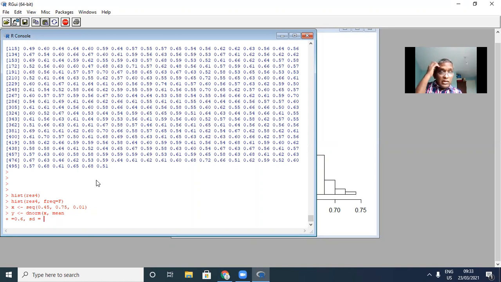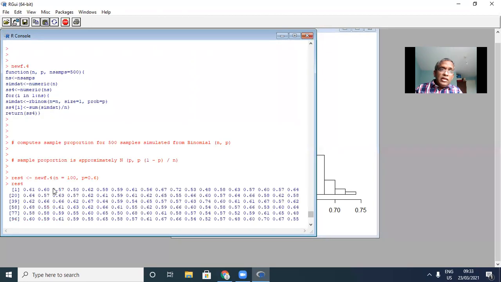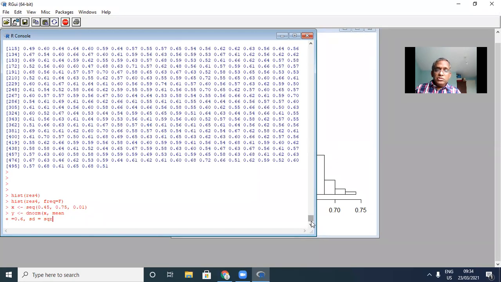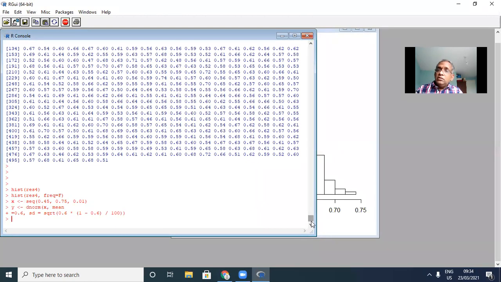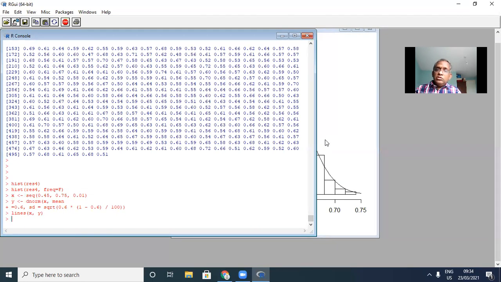Once again, n is 100 and p is 0.6, so it's the square root of 0.6 times 1 minus 0.6 divided by 100. So that's the y values. And finally, use the lines command with x comma y, and this is what you get.